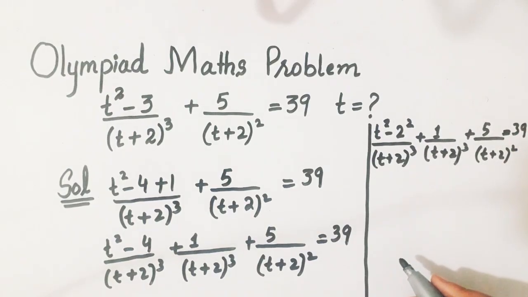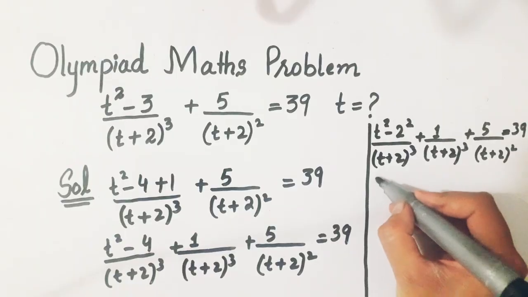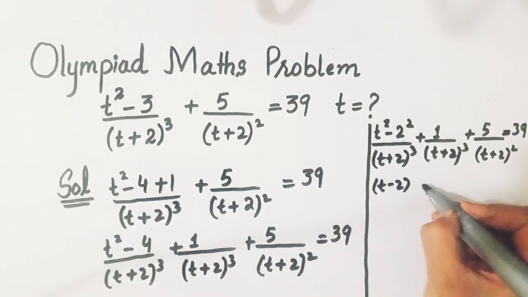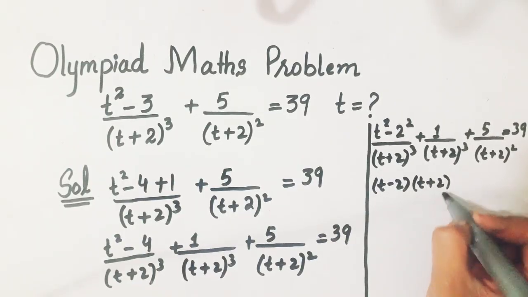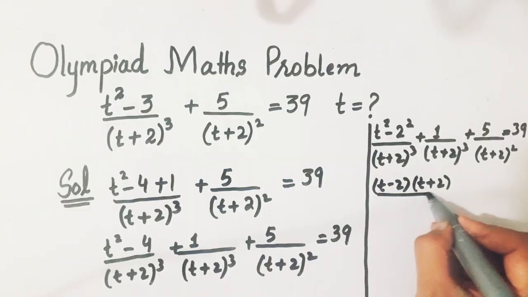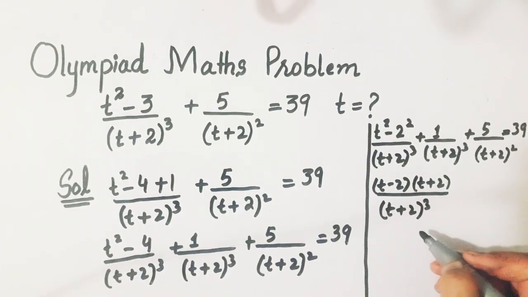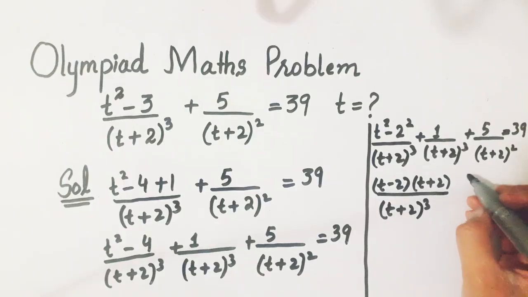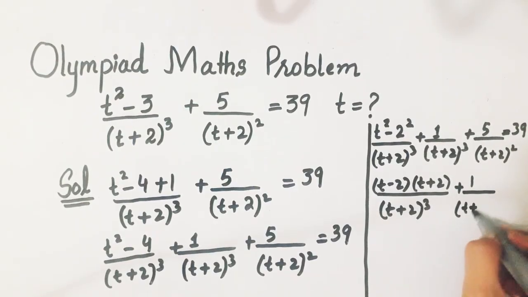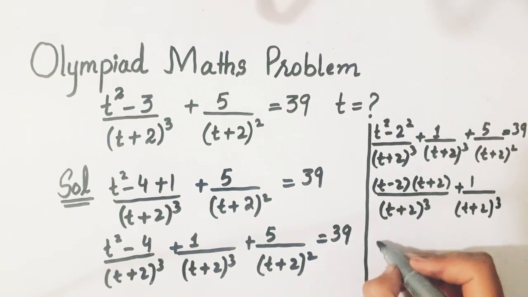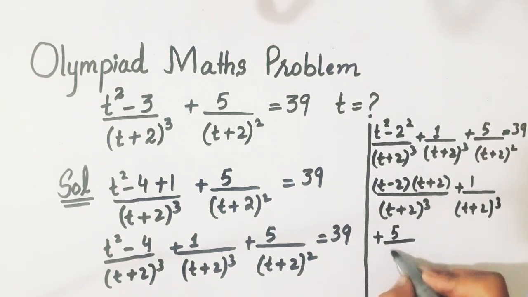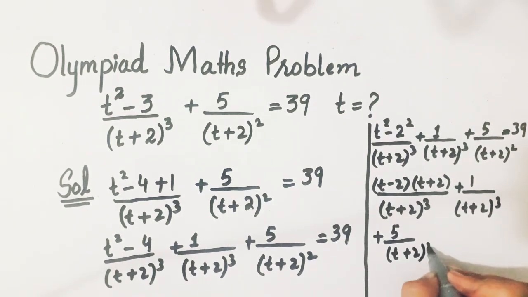Now what will be the next step? We can write this as (t − 2)(t + 2)/(t + 2)³ + 1/(t + 2)³ + 5/(t + 2)² = 39.